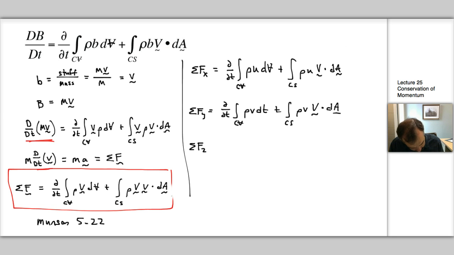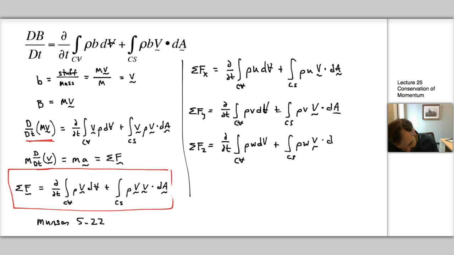The summation of the forces in the z direction is equal to d over dt integral over the control volume of rho w dV plus the integral over the control surface of rho w v dot dA. I made a mistake up here that you saw me correct, and this should have been a dV and not a dt. So those are the components in our three orthogonal directions for conservation of momentum using the Reynolds transport theorem.